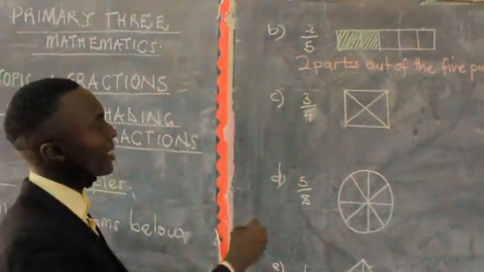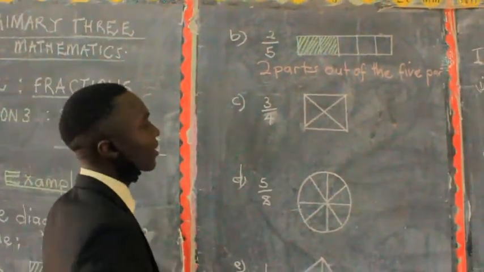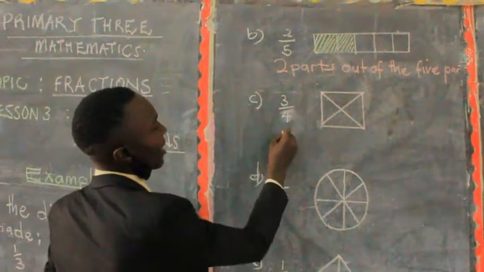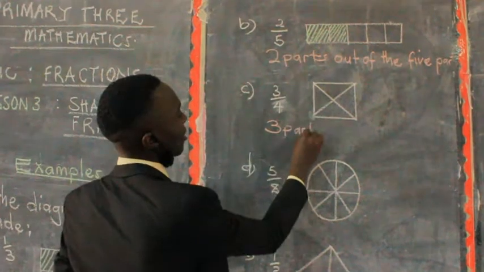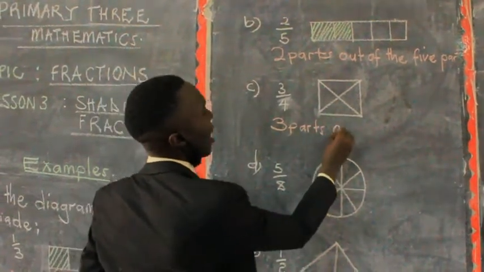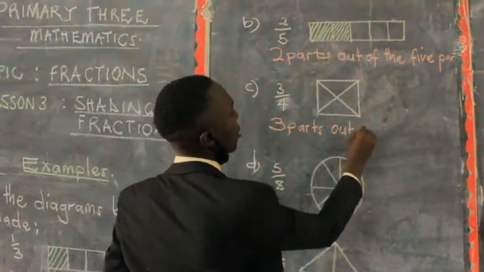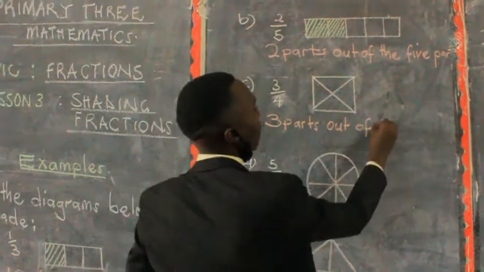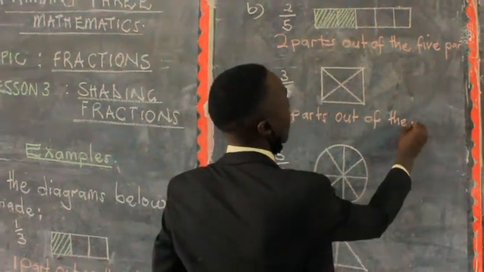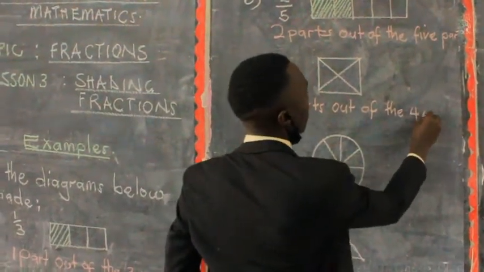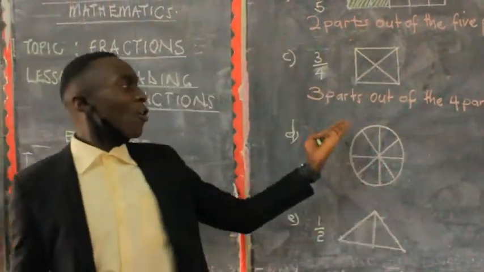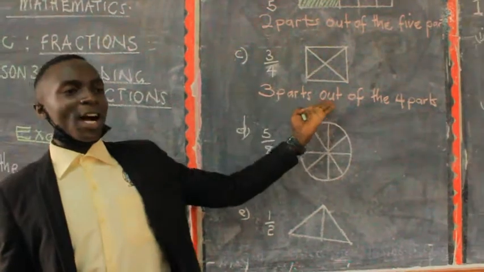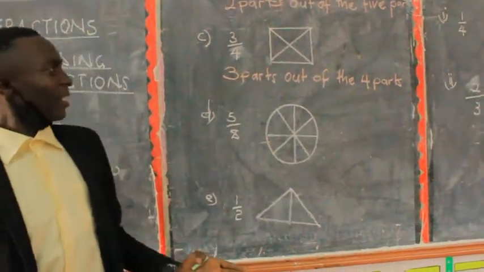This one simply means that we shade 3 parts out of the 4 parts. So we are going to shade 3 parts out of the 4 parts.